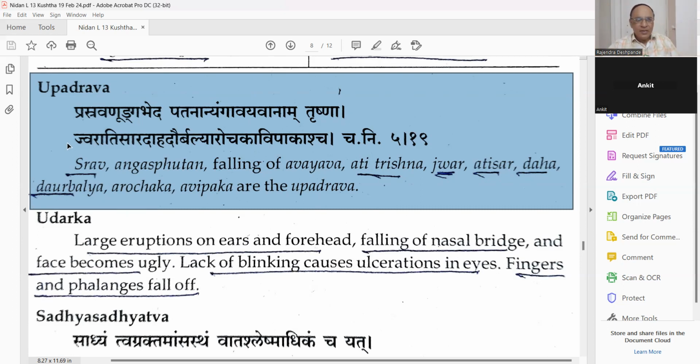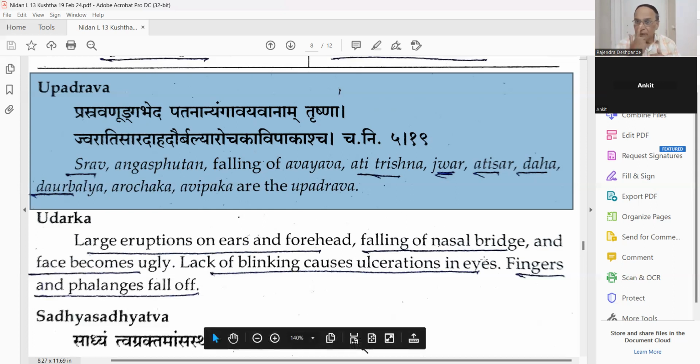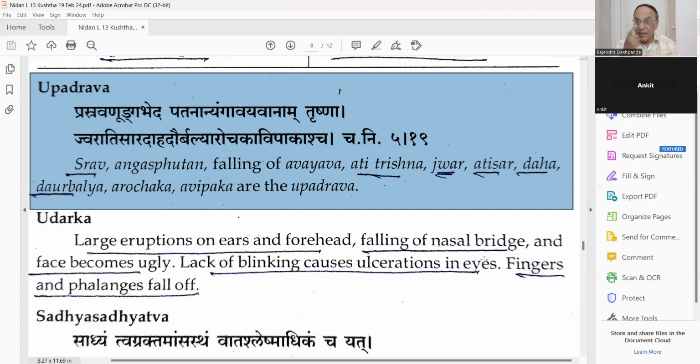Okay. Strava, then atitrishna, jvara, atisar, dah, and dourbalya. Only these main things you remember. These are the complications. But Udarka is, for example, large eruptions on the ears, like leprosy. You remember the leprosy patient? Here, nodular swellings are there on the forehead. Then falling of the nasal bridge, and that pressed nose. That is leprosy.